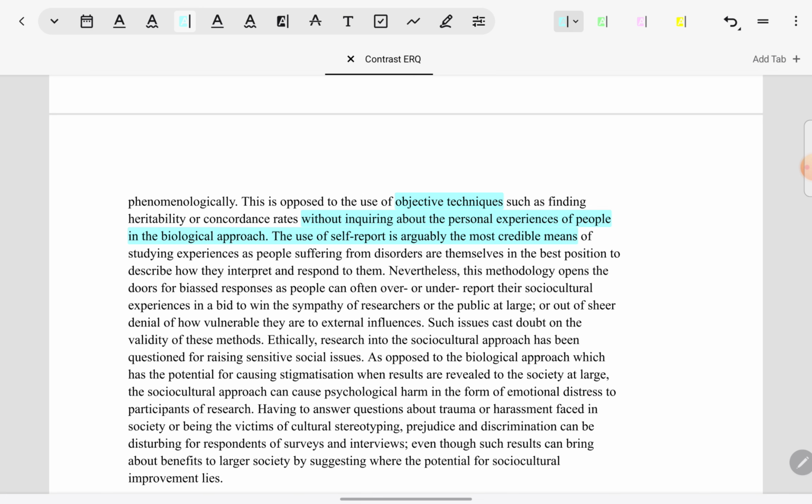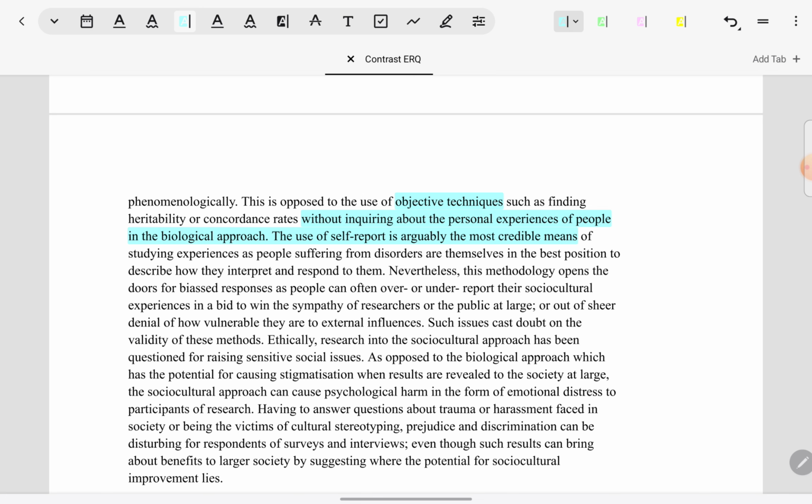So that is very important, but we have shown the weakness also, that because biological is objective, there won't be any bias in interpretation, whereas in sociocultural, because it is using self-report, which is subjective, there can be issues of validity in terms of under-reporting and over-reporting of symptoms or causes of the disorder.